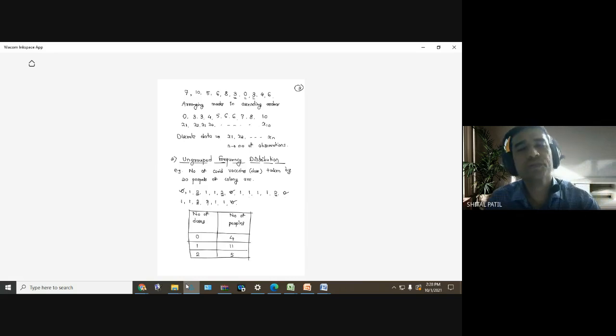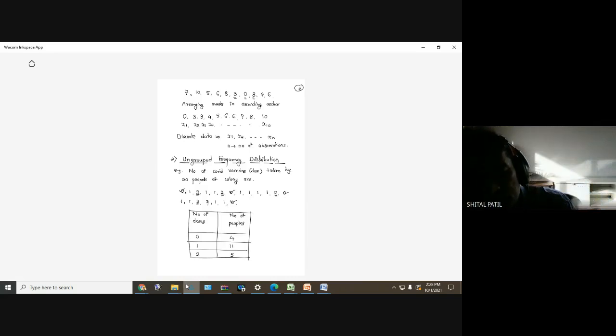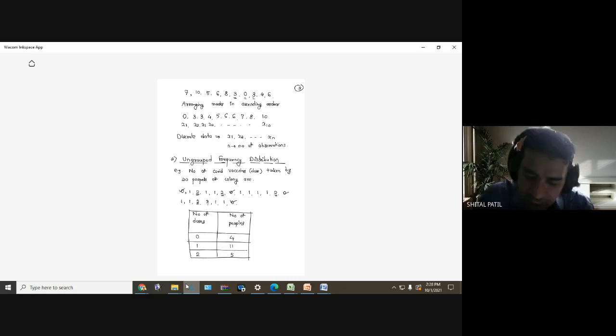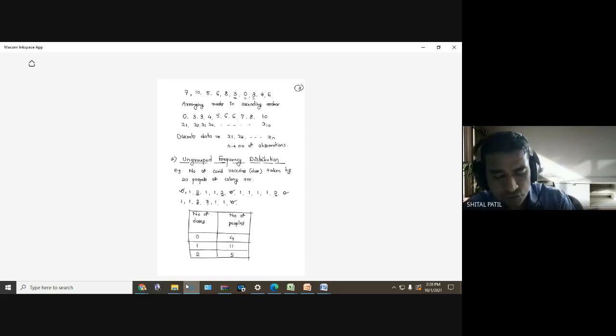Now see, from here it is possible to find some conclusion. So I can say that 4 people have not taken any dose. There are 5 people who took all 2 doses, and if required we can find percentage also. This is out of 20. So I can say that 20% people have not taken any dose, 25% people have taken 2 doses, and the remaining 55% people have taken a single dose.